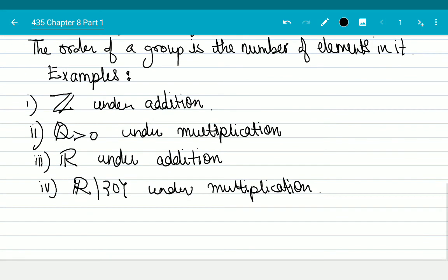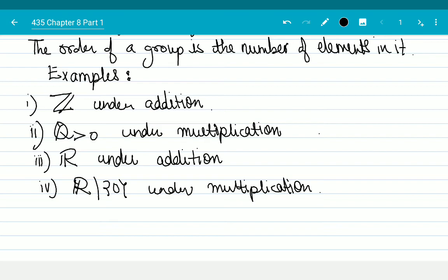Now here's something interesting. In the second one, I wrote Q greater than 0 just to give you an idea that if you look at just all the positive rationals, they form a group under multiplication. Every element has an inverse, because 2 times 1 over 2 is 1. It is closed under multiplication: 2 times 1 is inside the group, 7 times 2 is inside the group.